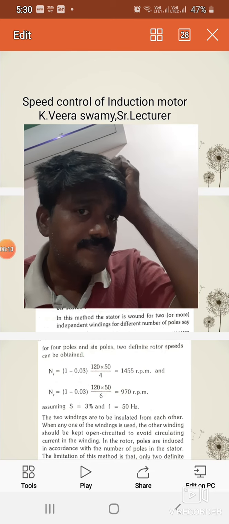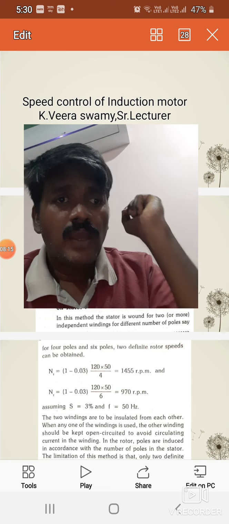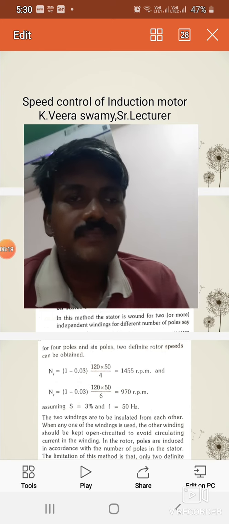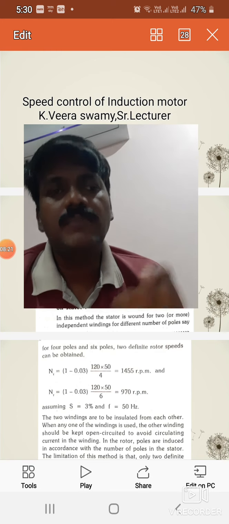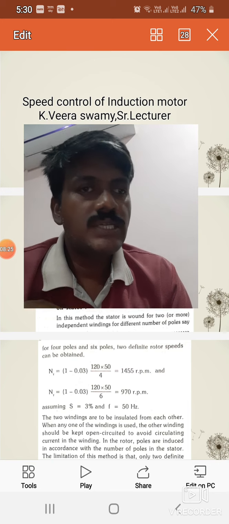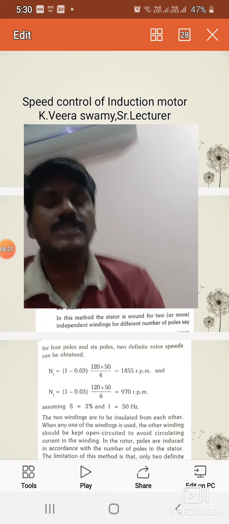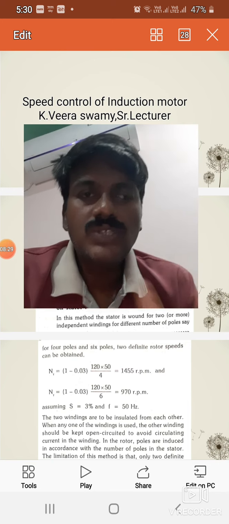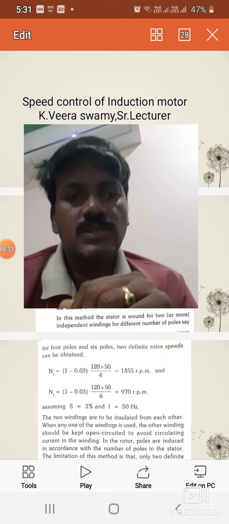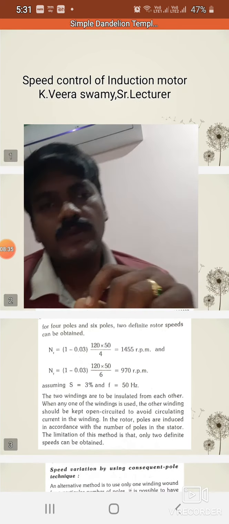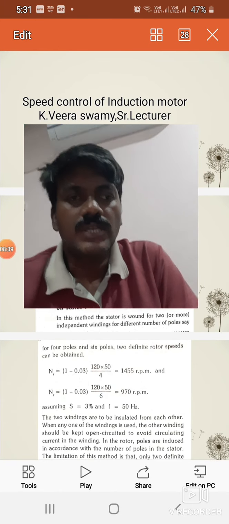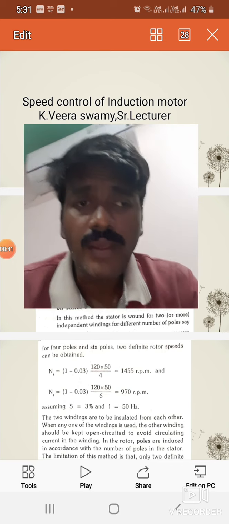Therefore, if we maintain a constant V by F ratio, then automatically the flux remains constant. When the flux remains constant, there is no variation in the saturation of the air gap flux. So we can easily achieve the desired speed in most industries using this V by F control method, voltage and frequency control method, right?